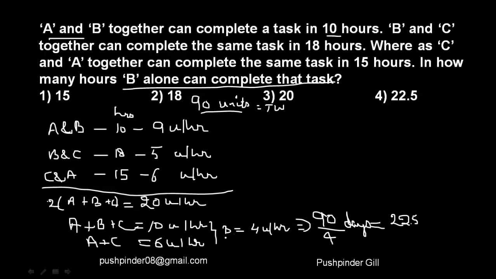That means the left person, that is B, will be finishing 4 units per hour. Now, since B is finishing 4 units per hour and the work is of 90 units, it is going to take him 22.5 days to finish the job, right? So I hope it is understood to everyone. Let's move to the next slide.